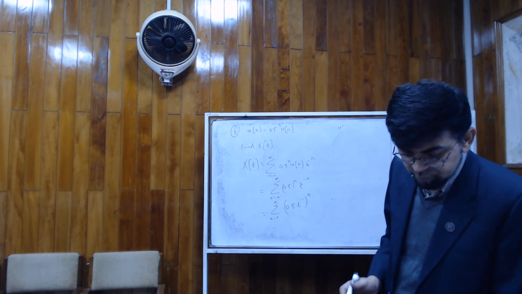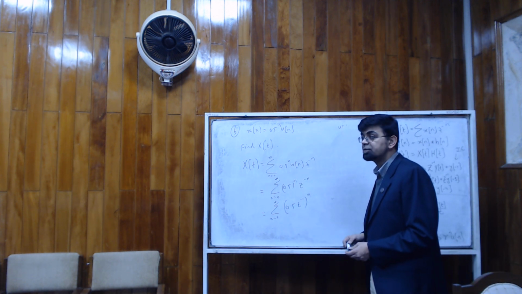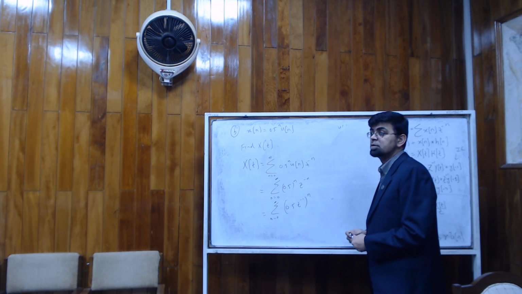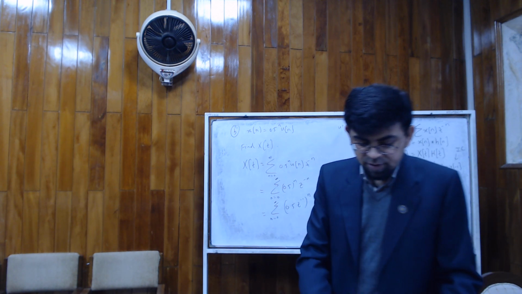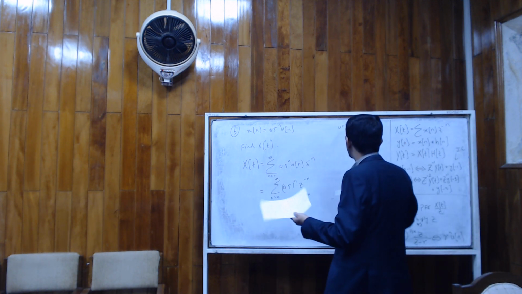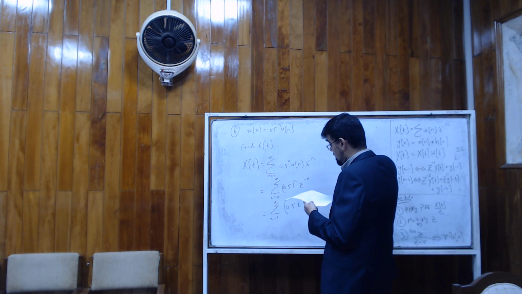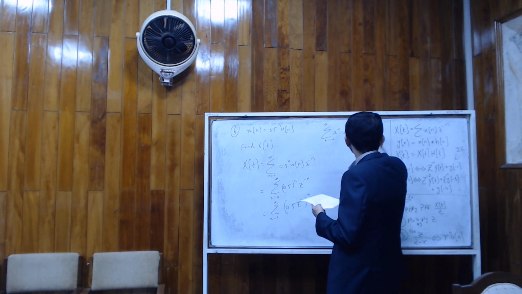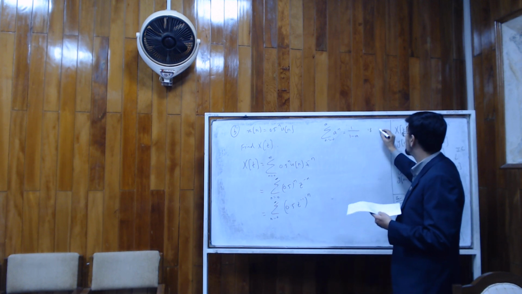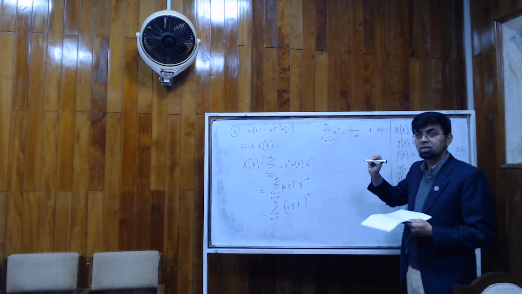Does it remind you of what? A geometric series, right? And we know that summation a^n for n 0 to infinity is 1 over 1 minus a, if, what's the condition? |a| less than 1.